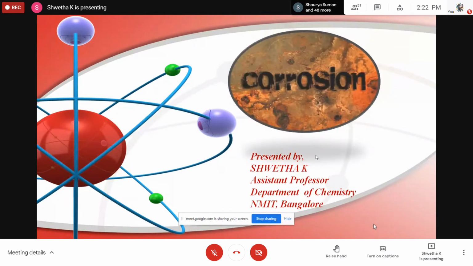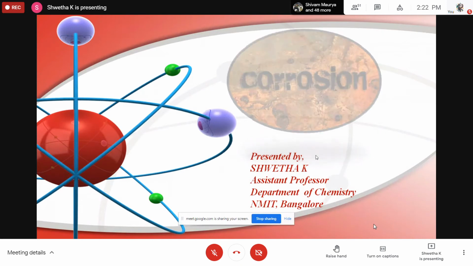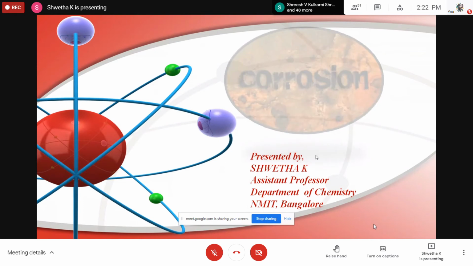Meanwhile, where the concentration of NaOH is less, the metal is stress free, so it acts as a cathode and undergoes reduction, so it is safe.